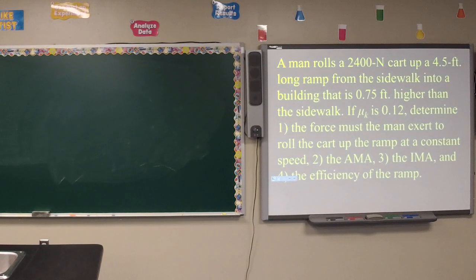What do we have to know about every ramp that is not given in the problem? We must know the angle. Again, we're going to have to find the angle. We've looked at a few like this. We have to find the angle from the picture.